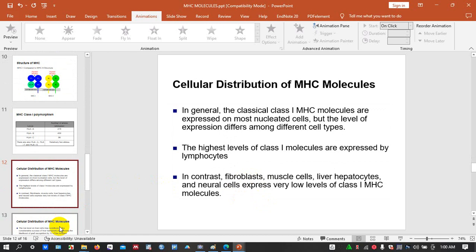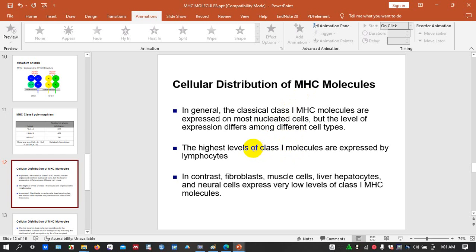Cellular distribution of MHC molecules. In general, the classical class 1 MHC molecules are expressed on most nucleated cells, but the level of expression differs among different cell types. The highest levels of class 1 molecules are expressed by lymphocytes.